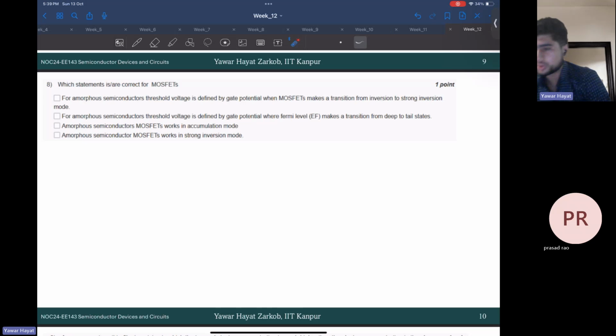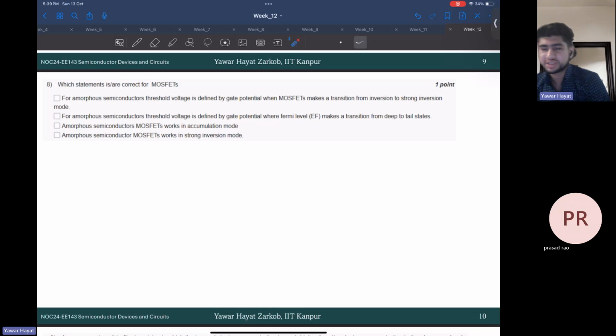Okay. So for amorphous semiconductors, the threshold voltage is defined by the gate potential when MOSFETs make a transition from inversion to strong inversion mode. Is this the correct option? Yes or no?